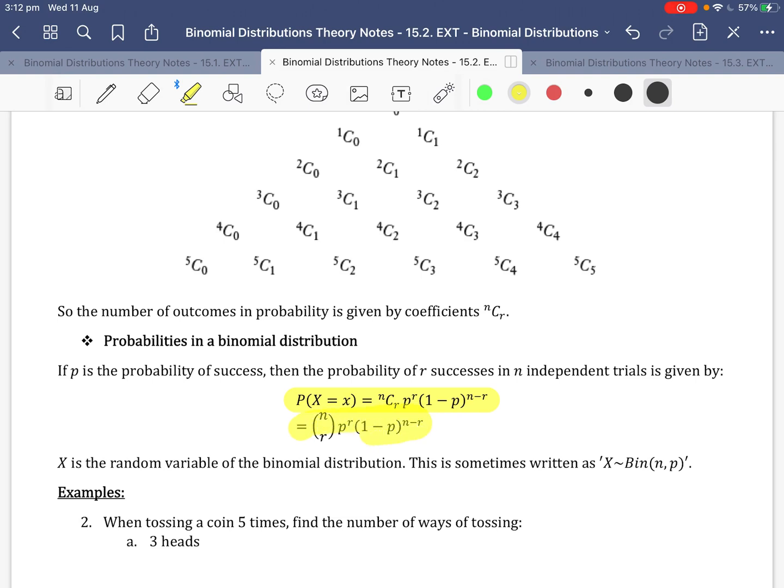This can also look like another version of nCr, p to the power of r, (1 minus p) to the power of n minus r. Now it's important to note that this formula is on the reference sheet for you.